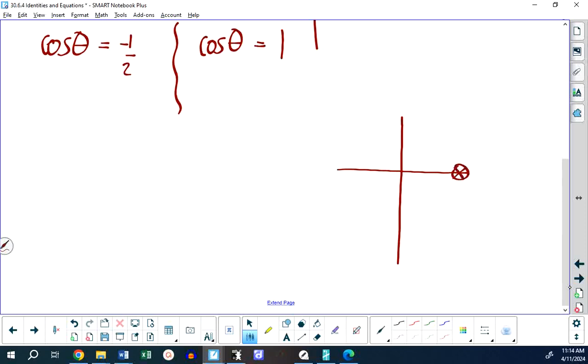Here. Again, this thing that I keep writing is that important. I'm not writing it because I just want to spend more time writing. It's that important. That this is an x coordinate on the unit circle, and this is an x coordinate on the unit circle. So the x coordinate on the unit circle is 1 at that position I've marked.